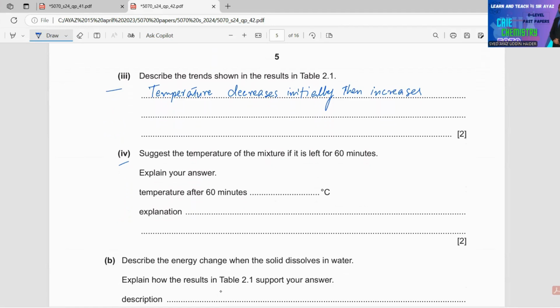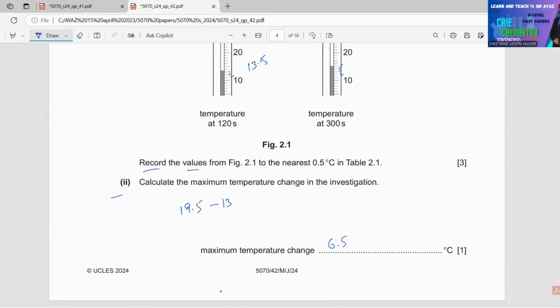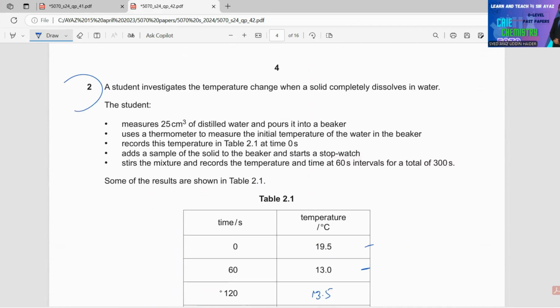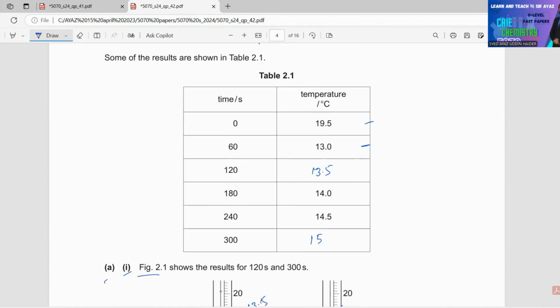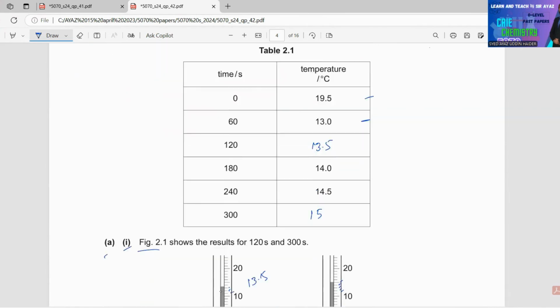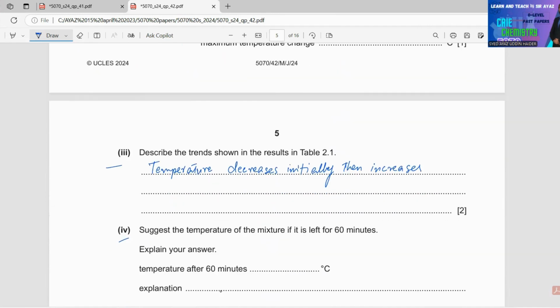Part 4. Suggest the temperature of the mixture if it is left for 60 minutes. Explain your answer. Temperature after 60 minutes. So 60 minutes means 1 hour. So what happened after 1 hour? It will definitely return to its original temperature, 19.5 degrees centigrade. So you write 19.5 degrees centigrade.